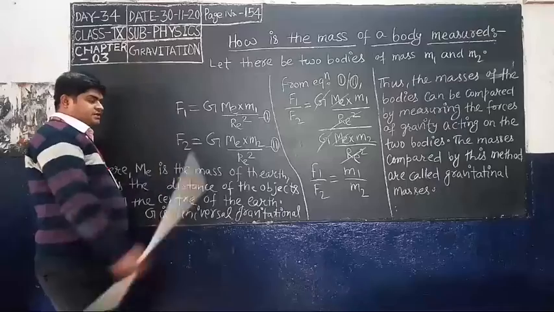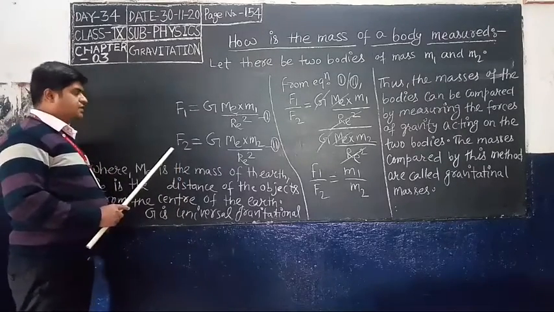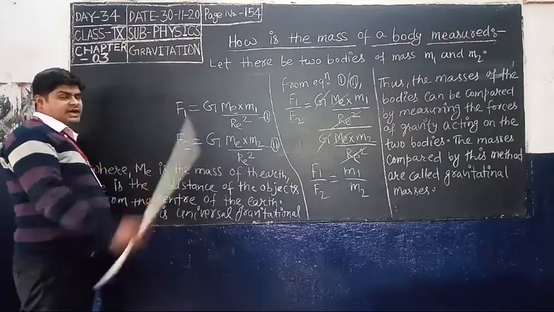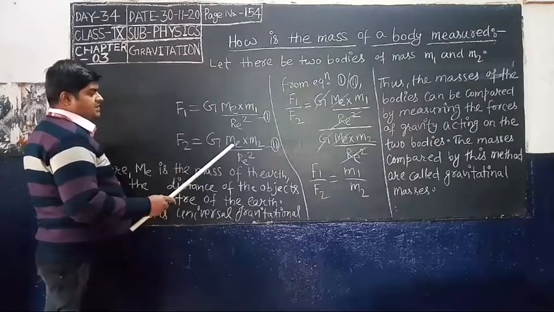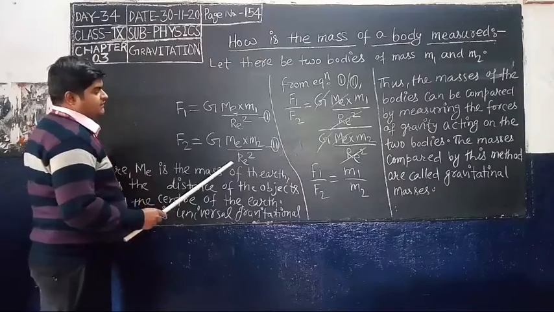This is equation 1. And F2 is equal to G Me into m2 by Re square, where m2 is the mass of the second body.